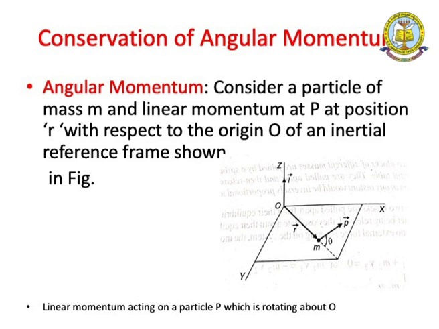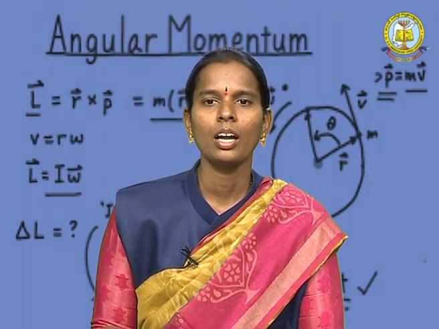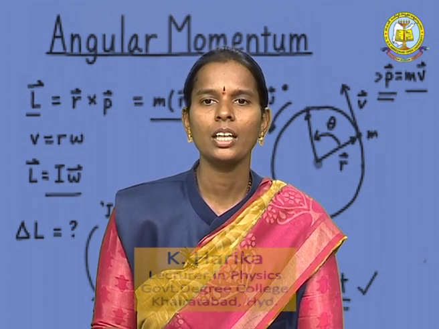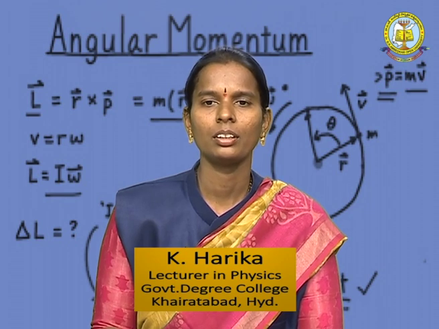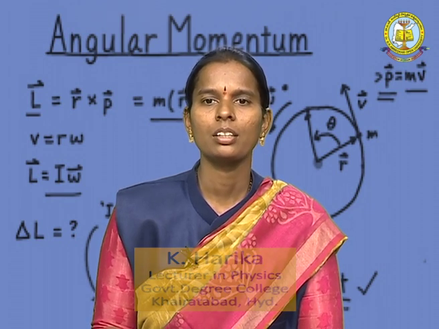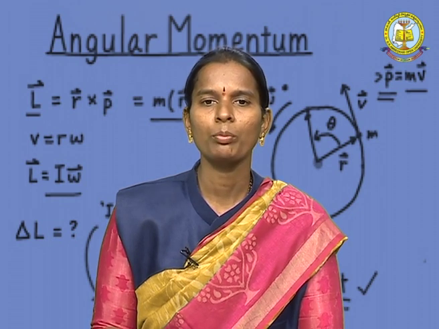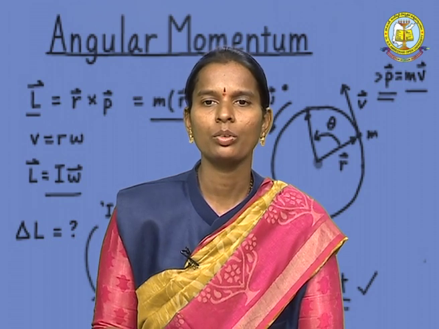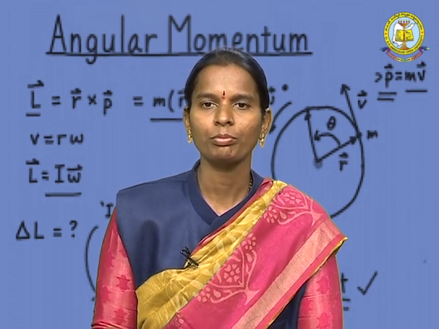Theta is the angle between the position vector and the linear momentum, and the particle rotates about the origin.